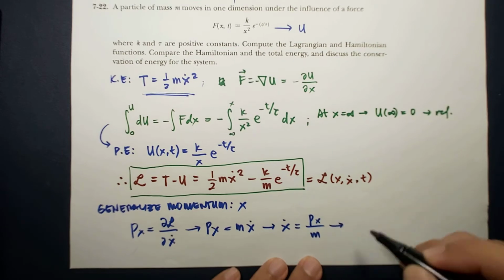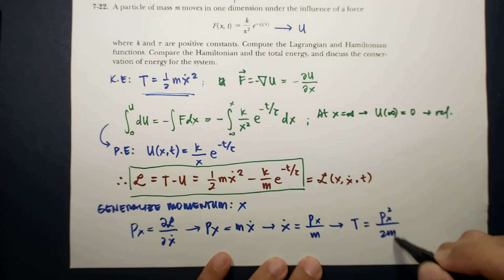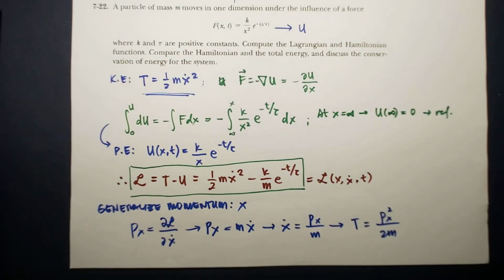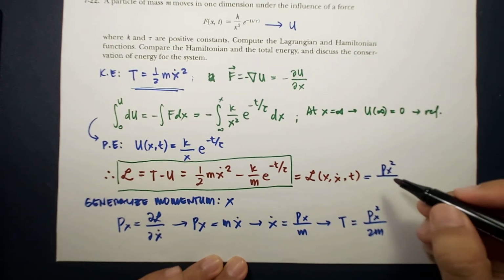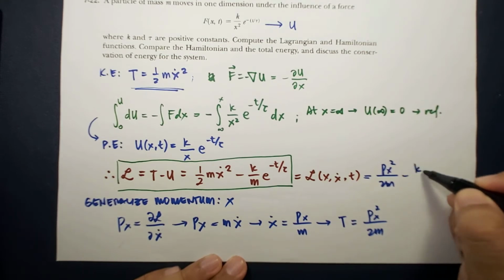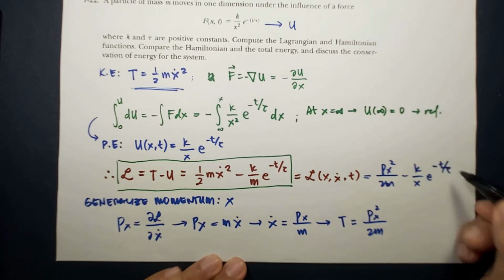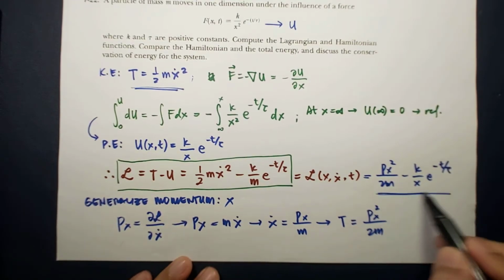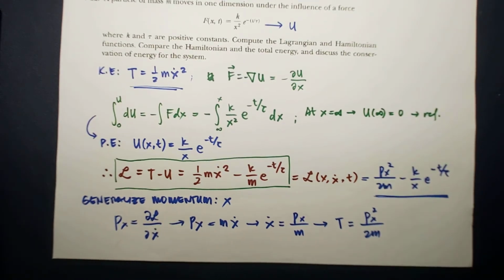Therefore, kinetic energy is now written as px squared over 2m. This means that the Lagrangian in terms of px can now be written as px squared over 2m minus k over x e to the negative t over tau. Okay, so this is the Lagrangian in terms of the generalized momentum and the position x.